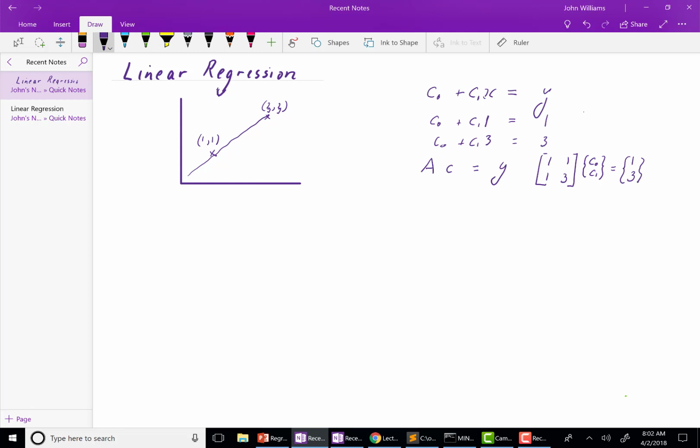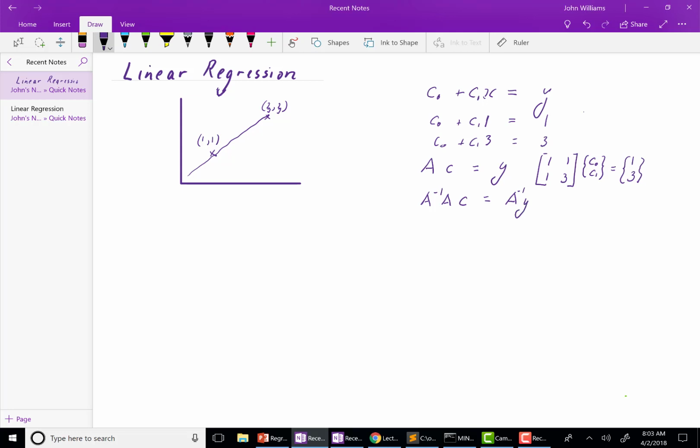And we could invert this matrix A, so that C equals A to the minus 1 Y.